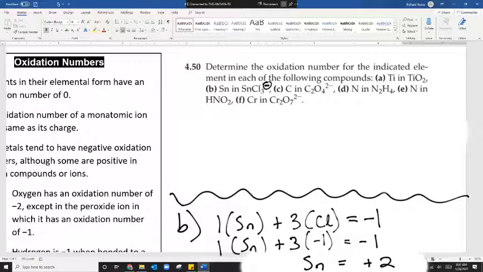All right, you try a couple more. You give letter C a try and see what you get for carbon. And that's another polyatomic ion there.